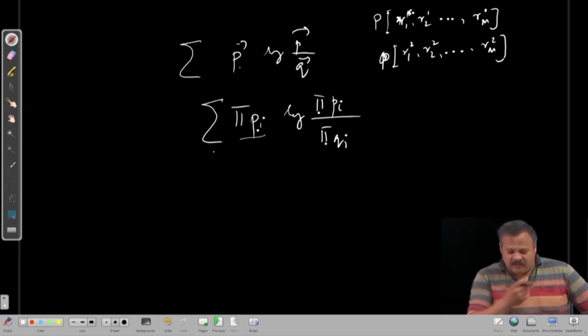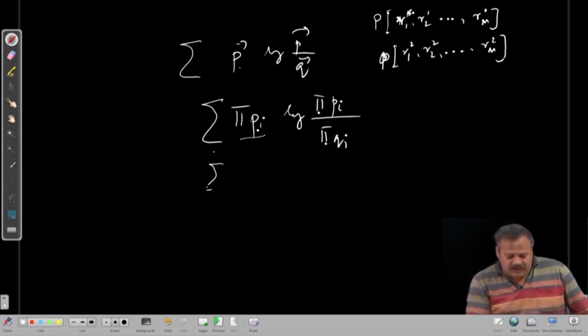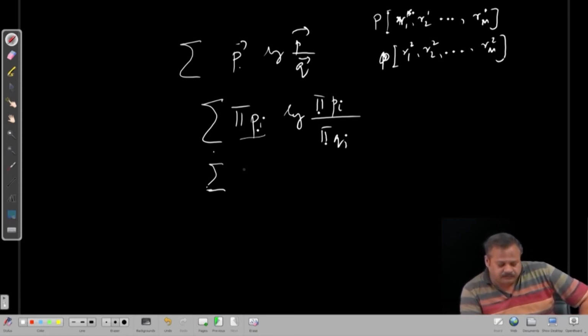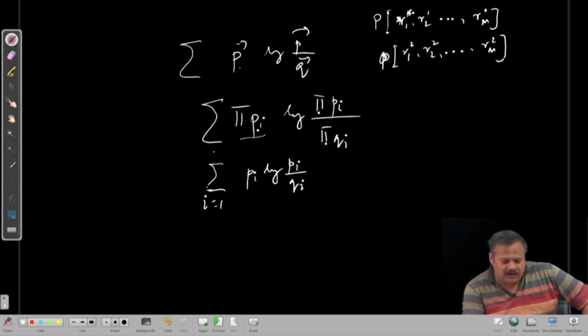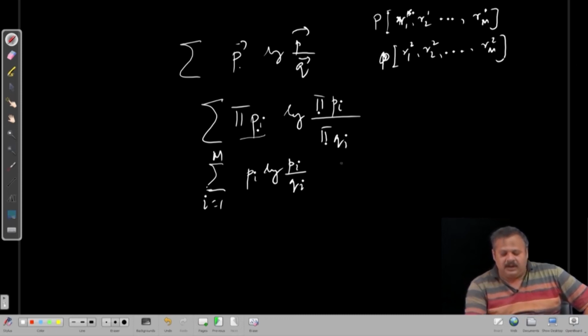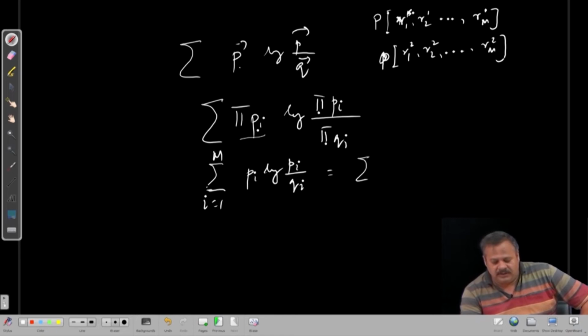I mean the rest of them will weigh the whole thing out to 1. So, this will turn out to be summation of pi log pi by qi, summing over i equal to 1 to capital M.